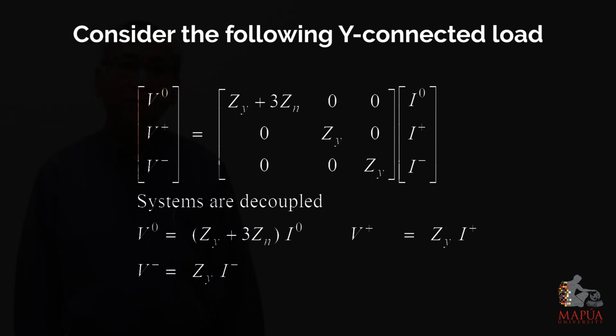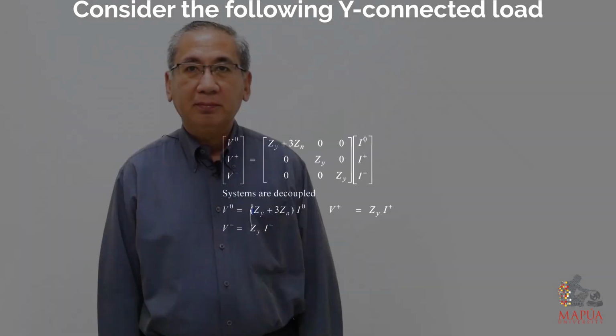The current flowing will be the positive sequence current, and the voltage there is equal to the positive sequence voltage. Then for the negative sequence network, you have the ZY in that network connected to a negative sequence voltage, and the current flowing will be the negative sequence current. That's all for our module 2, and see you in our next module.